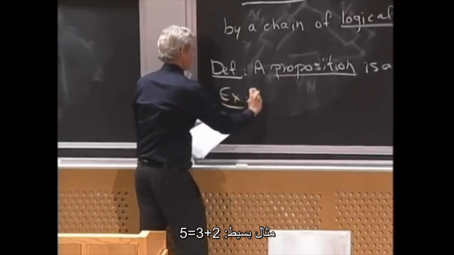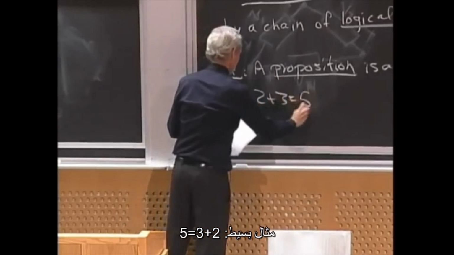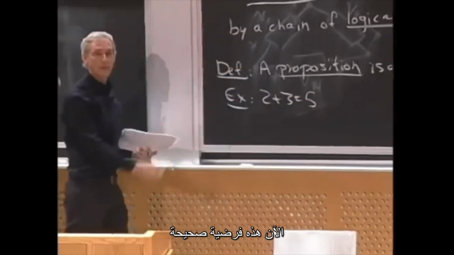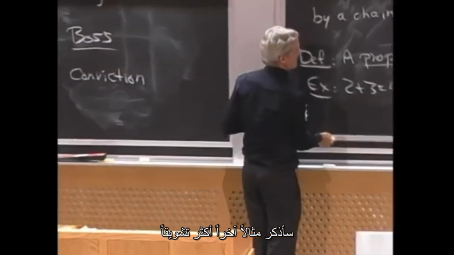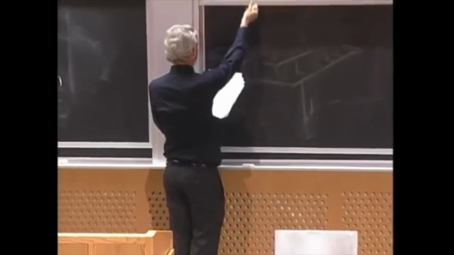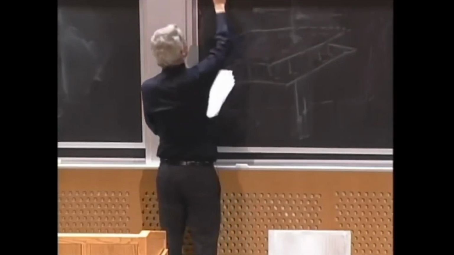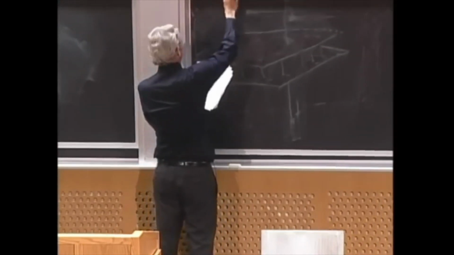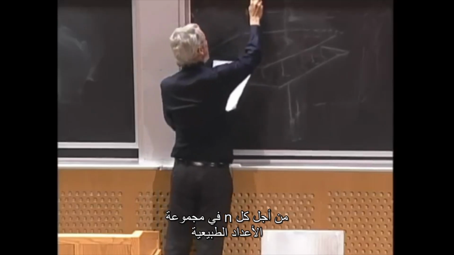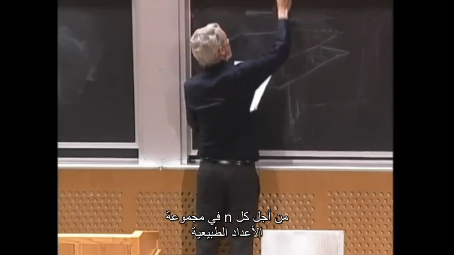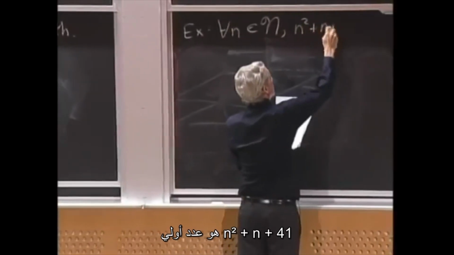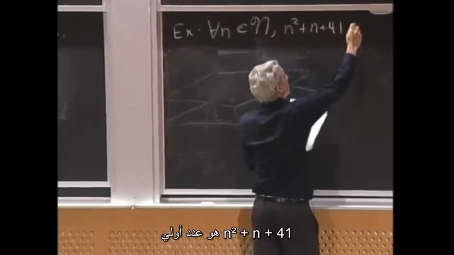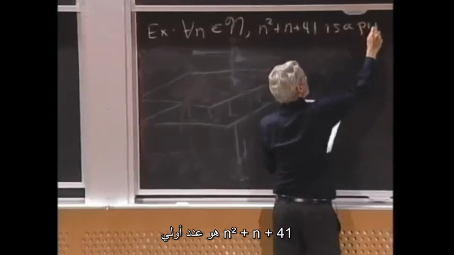Simple example, 2 plus 3 equals 5. Now that's a true proposition. Here's one that's a little more interesting. For all n in the set of natural numbers, n squared plus n plus 41 is a prime number.